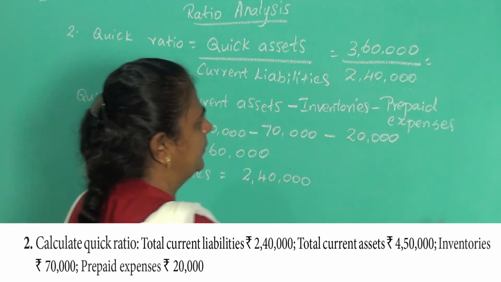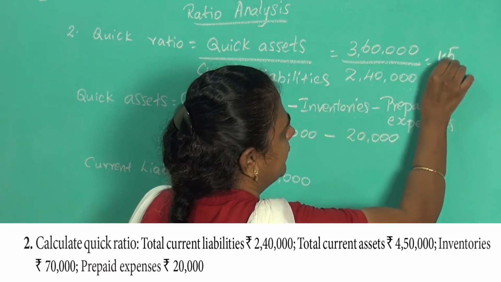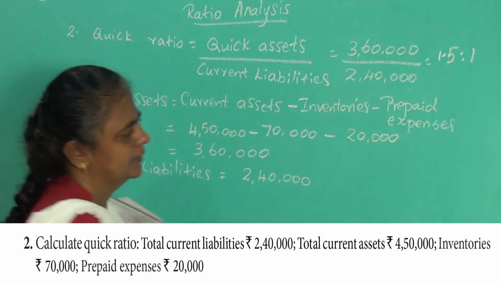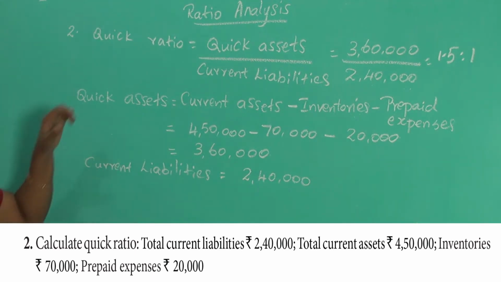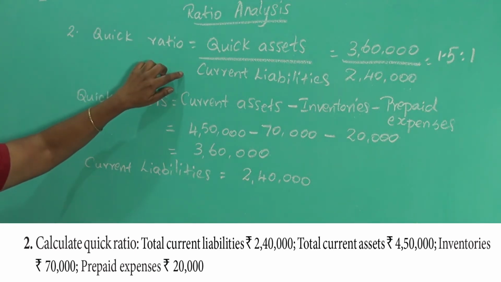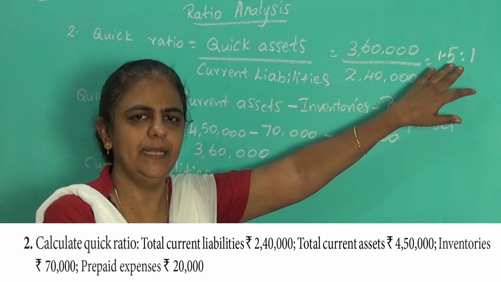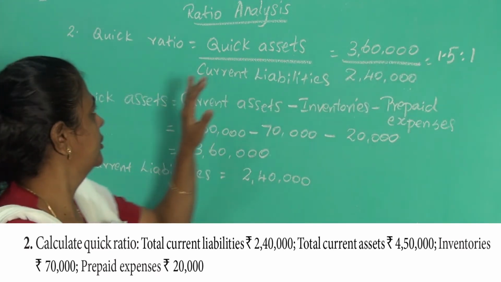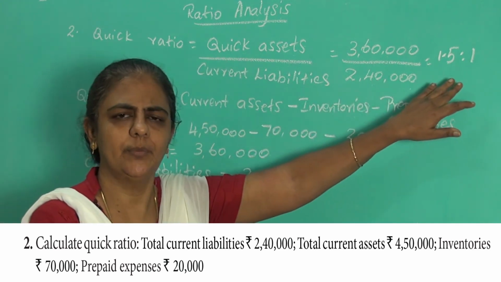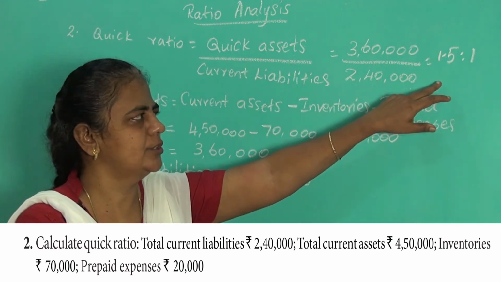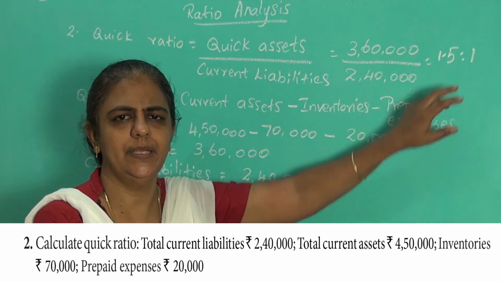So that will give you 1.5:1. Okay. So this is how you have to calculate quick ratio. Use the formula, substitute and get the answer. Again, quick ratio is also coming under liquidity ratio. So all liquidity ratio you have to write in proportion. Okay.